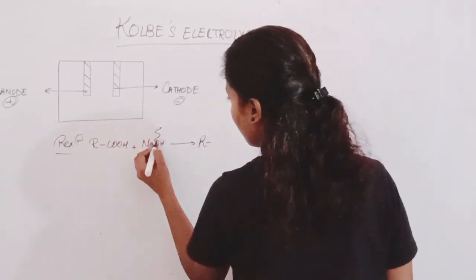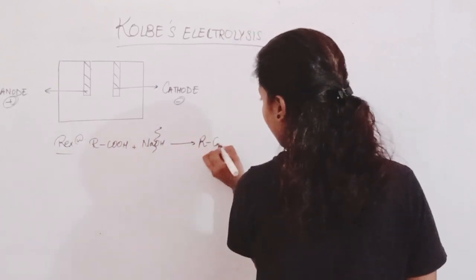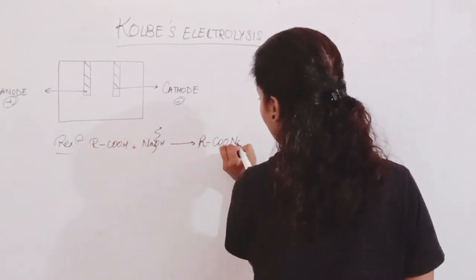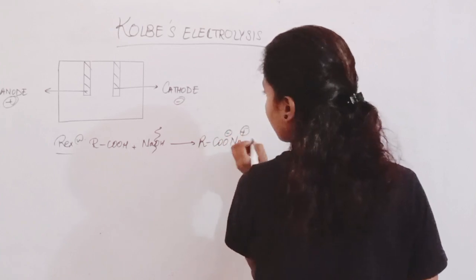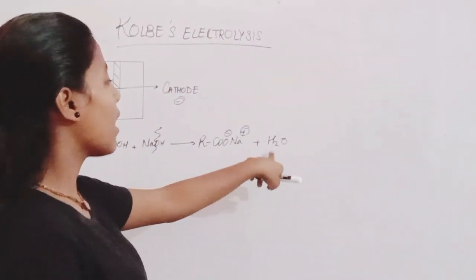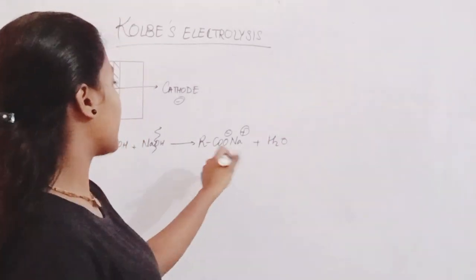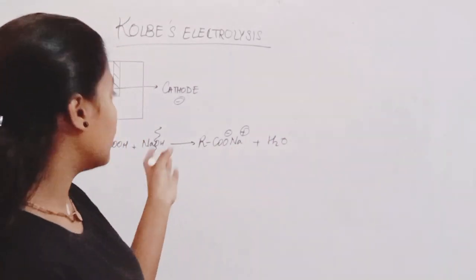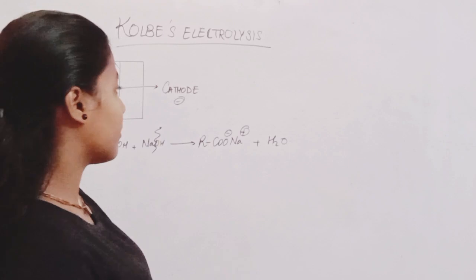R, this particular bond will break and give us COO minus Na plus, forming H2O. I was saying I want the reaction in aqueous medium, so H2O, and the reaction along with H2O gives R bonded with COO minus Na plus.